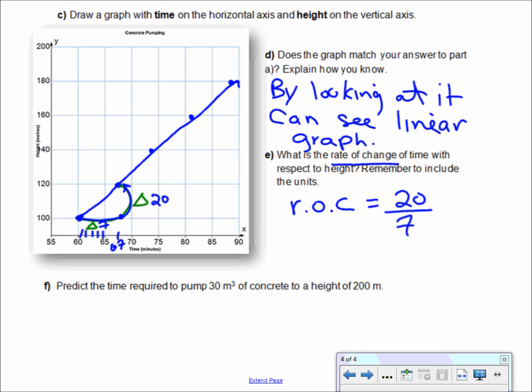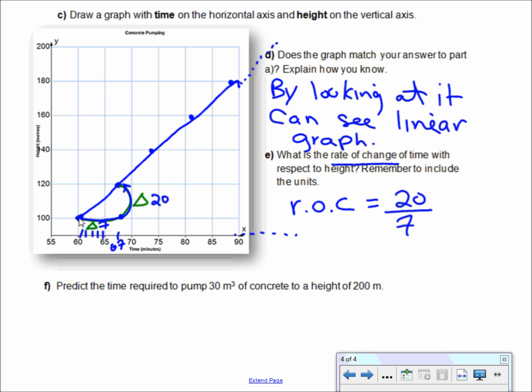Okay. Predict the time required to pump 30 meters cubed of concrete to a height of 200. Pardon? 2 hours. So basically, what you want to do is extend up here and hopefully extend here, and you're going to be able to predict.